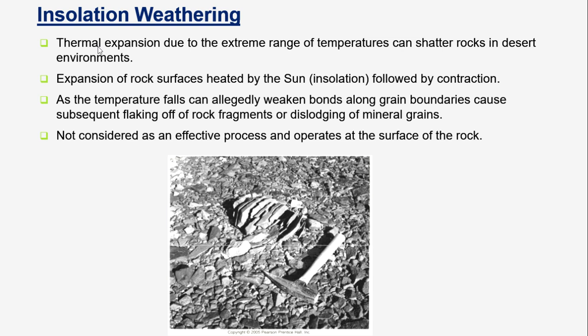This generally occurs in a condition where the temperature changes very frequently. So when the temperature is high, the rock will expand, and when the temperature reduces, the rock will contract, and thus this will result in the formation of small fragments and thus the weathering process.